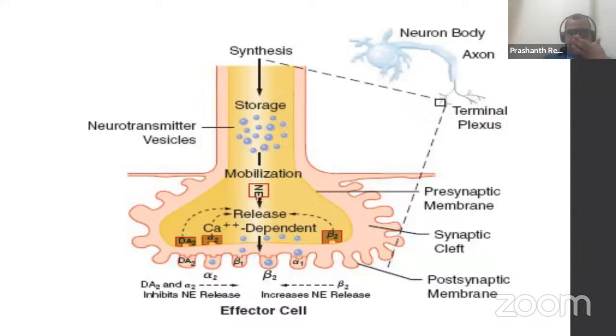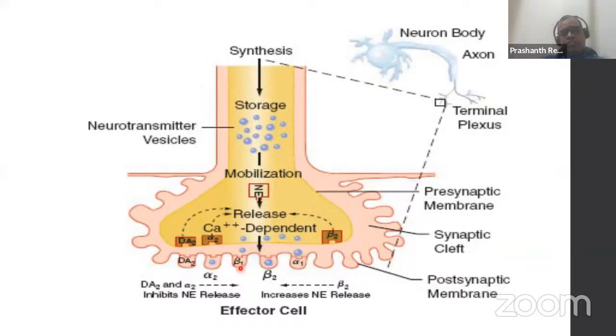Before going to the agents in particular, we need to know certain physiology pertaining to the sympathetic nervous system, because the sympathetic nervous system plays the key role in maintaining hemodynamics. Before going into the actuals, we need to know certain receptors in the synaptic cleft of the sympathetic nervous system.